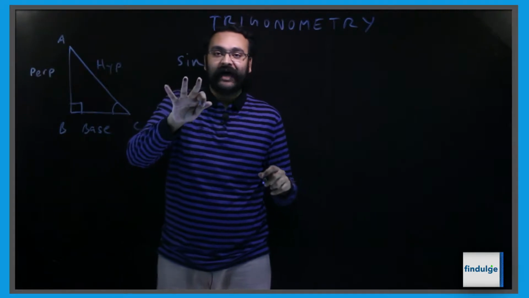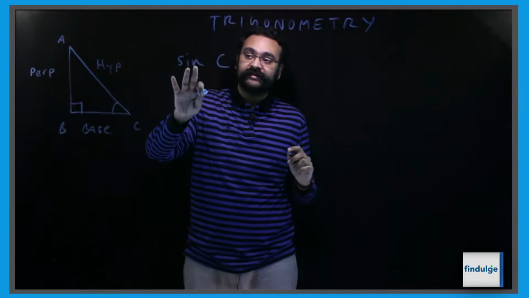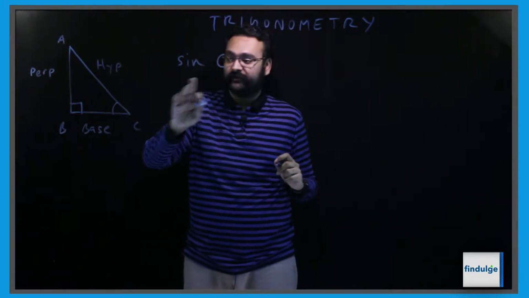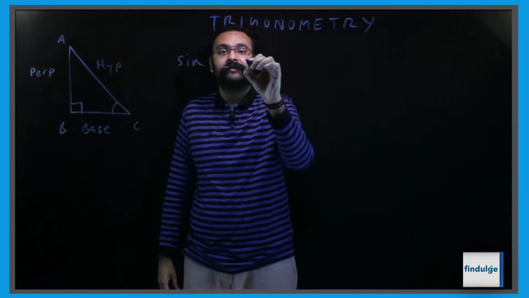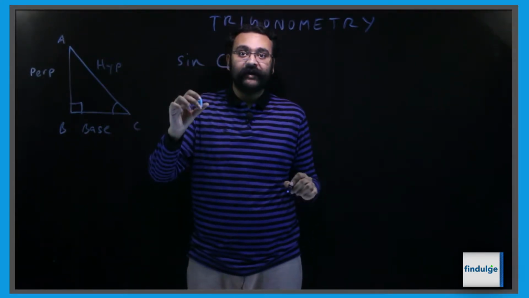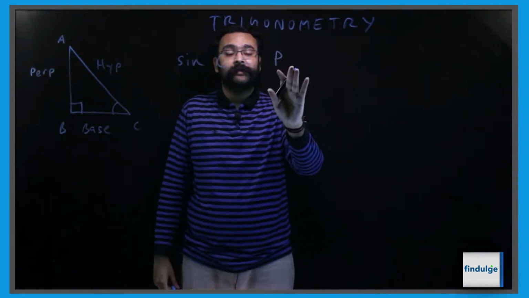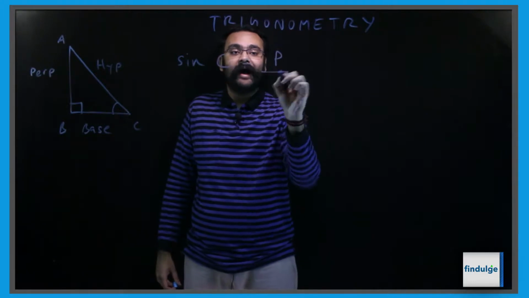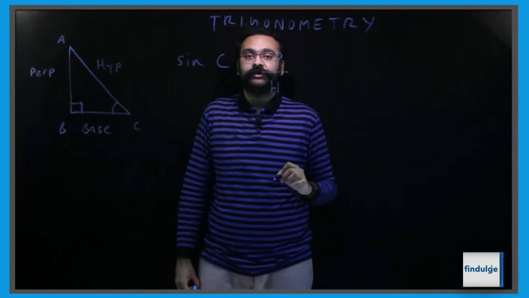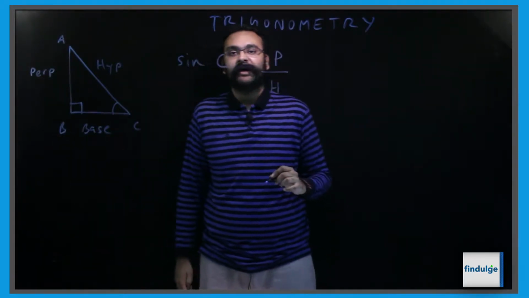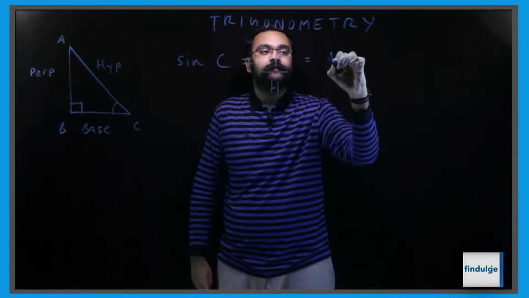Now when I say sine C, this means sine of angle C. It is defined as perpendicular, which I am going to refer to as simply P, divided by hypotenuse, which I am going to call H, or in this particular triangle, sine C is equal to AB upon AC.